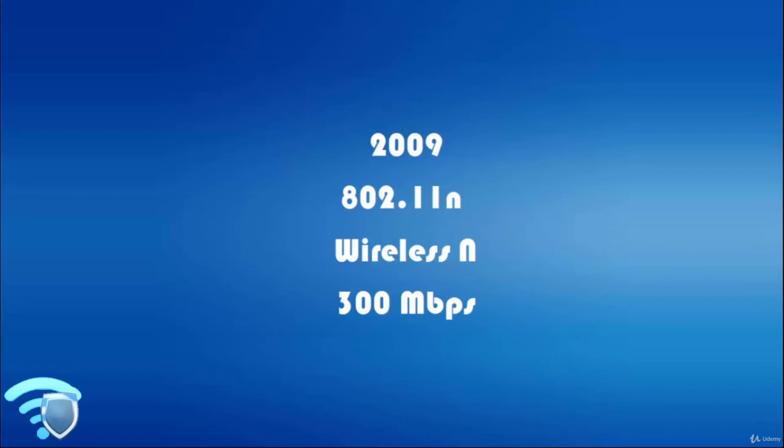802.11n was released in 2009, often called Wireless N. It could transfer at speeds up to 300 Mbps. Over the years, the 2.4 GHz band had quickly become crowded.